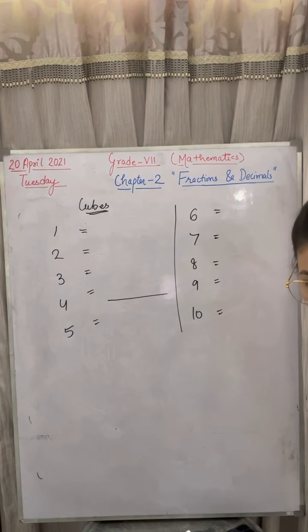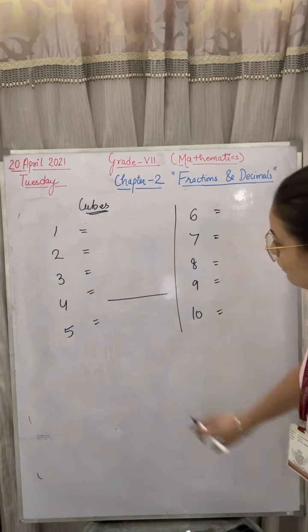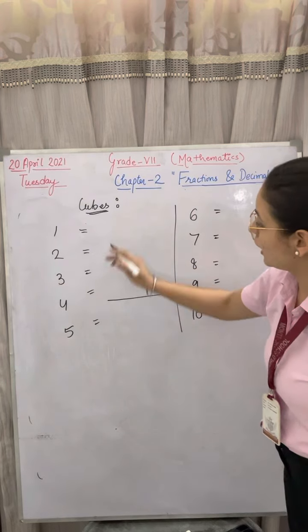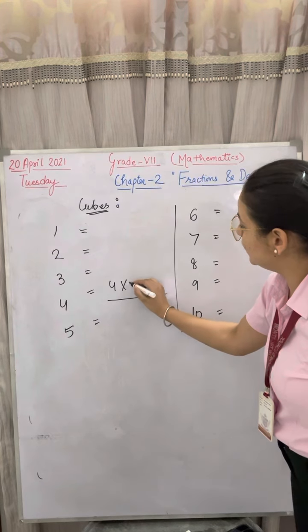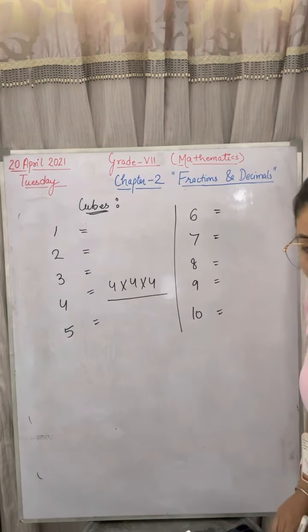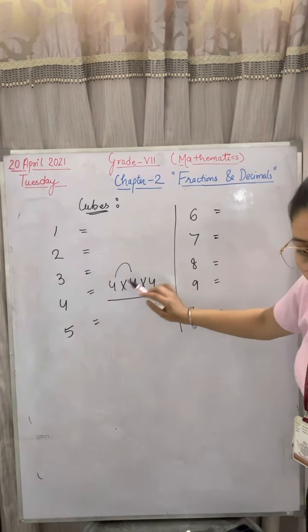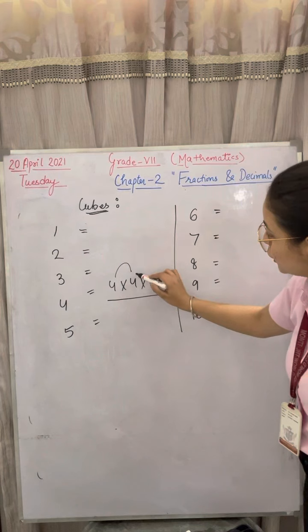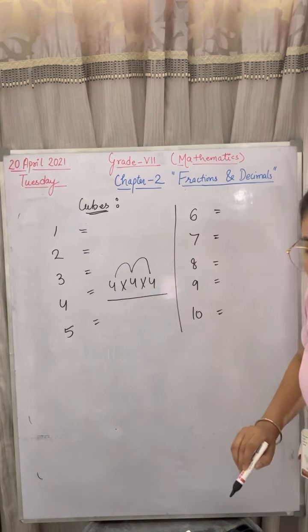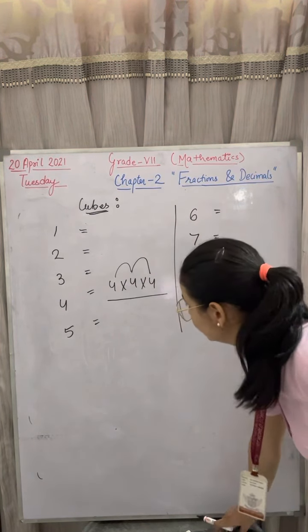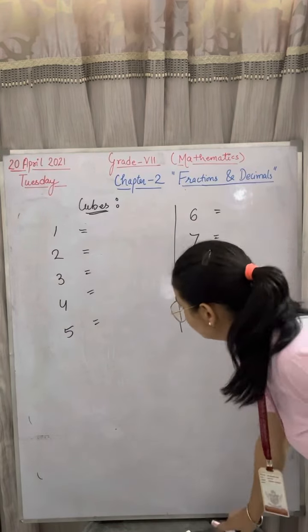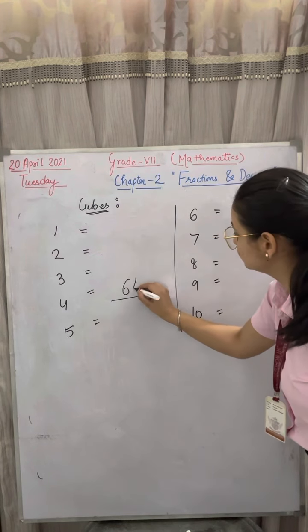Dhruv, calculation mistake is there. Whenever we are finding out the cubes, you have to multiply that number 3 times. 4 into 4, 16. 16 will be the square. Okay. 4 into 4, 16, and 16 fours are 64. Ananya, very good. So, the cube of 4 is 64.